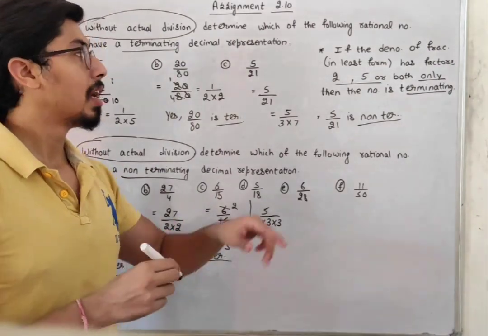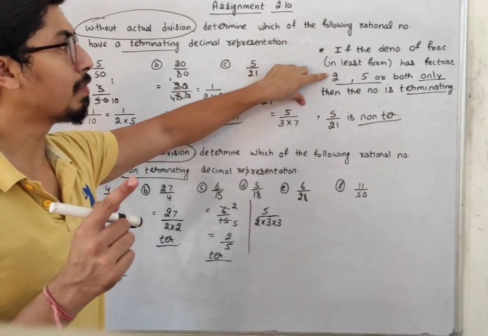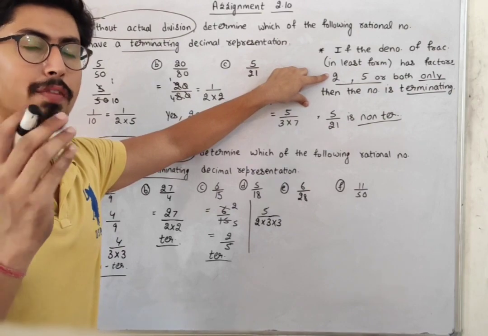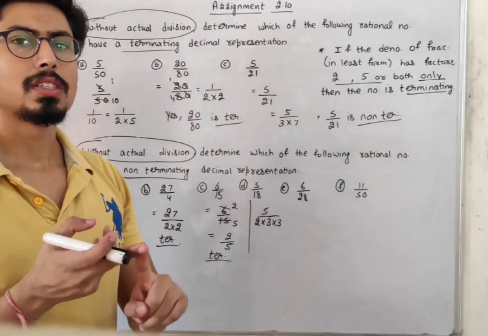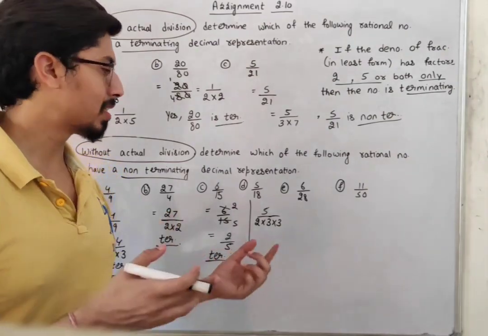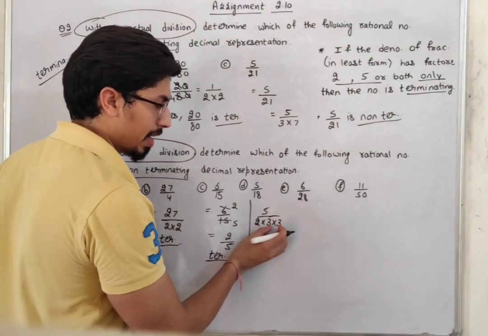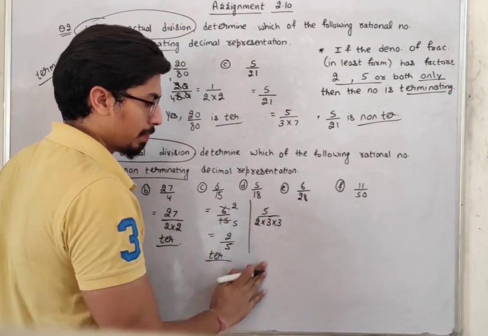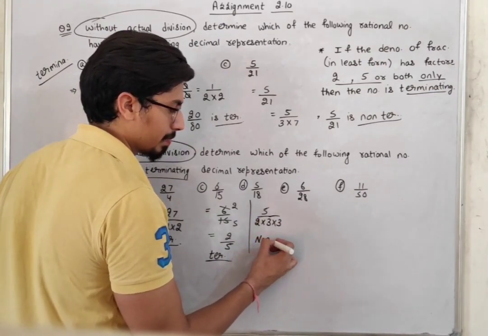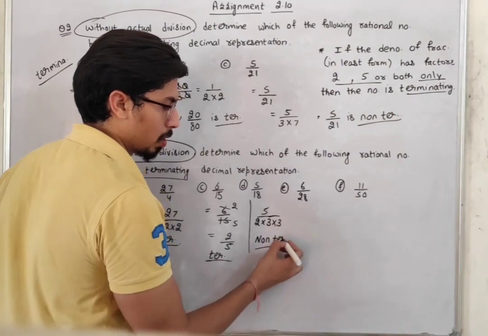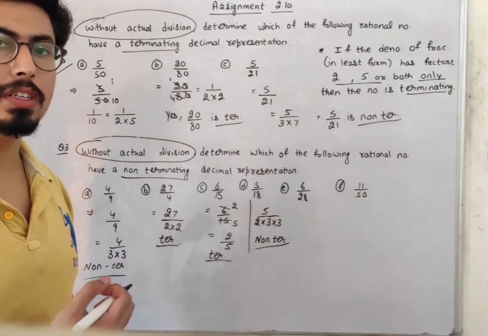To make it a terminating number, we should have only 2, 5 or both of them. We can't have 3, 6, 7, 9 as prime factors in the denominator. So we have 3 here along with this 2. So we can say that 5 by 18 is non-terminating, because along with this 2 we also have 3 as a prime factor in the denominator.